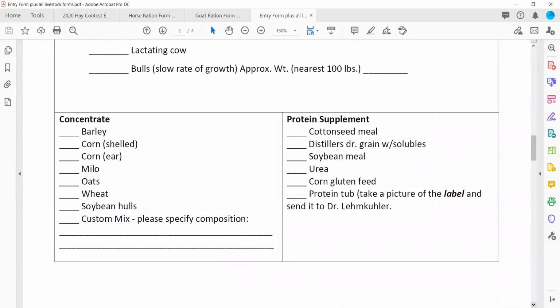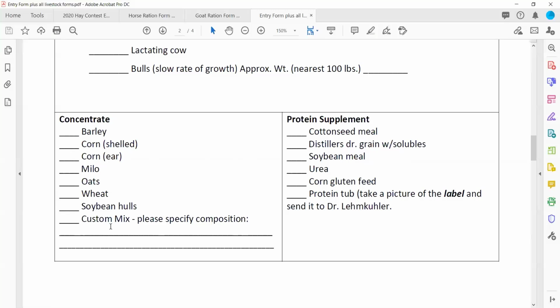The bottom of the page is slightly different too. We've added a couple of new choices. Some of these are the same as before. Concentrate is mostly the same as before. We have added the chance to say that you're using a custom mix, and this will be true on all three, both the cattle and the goat and the horse examples.